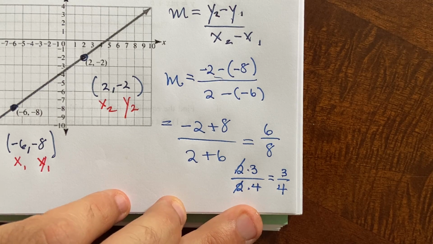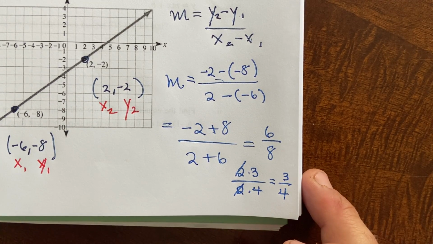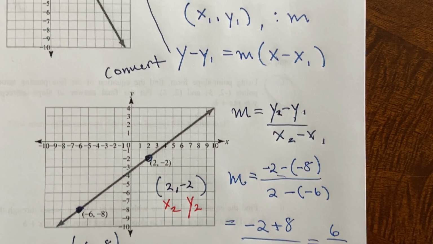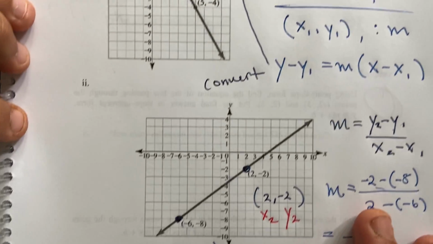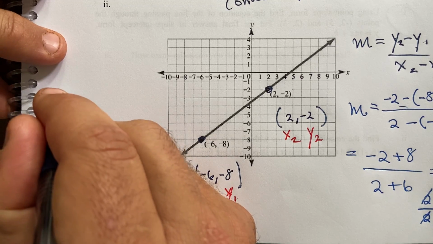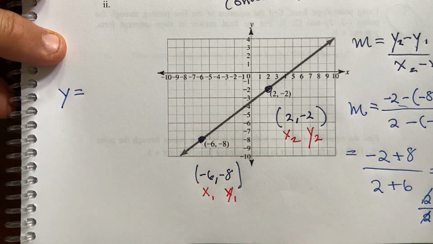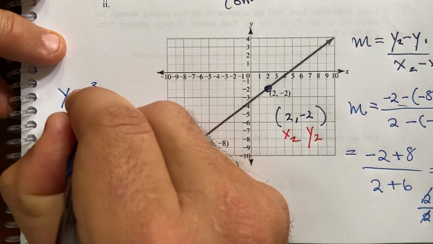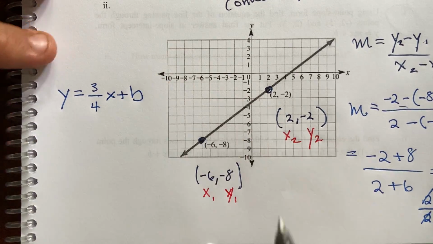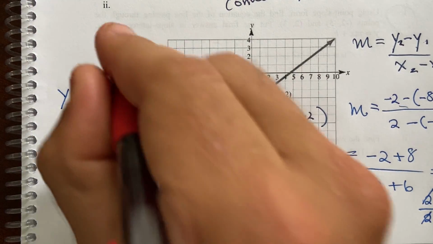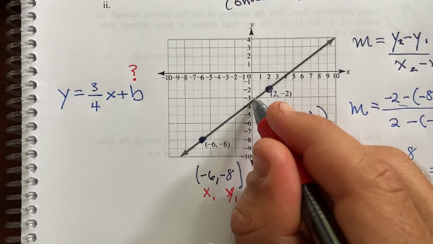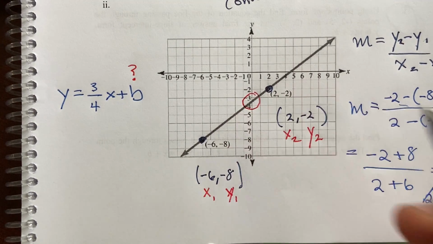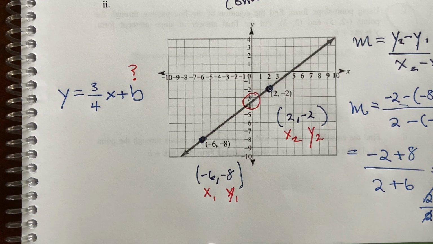What I can then do is find the y-intercept. I can plug into this equation. Right now I know that y equals 3/4 times x plus some y-intercept. We still need to figure it out. It looks like the y-intercept is right around here, by the way, so it's not a complete guess.